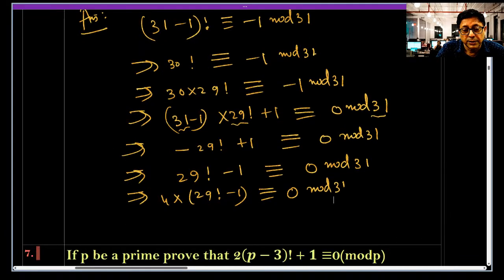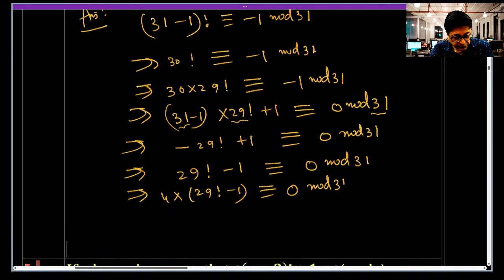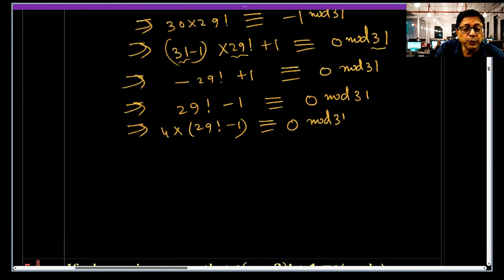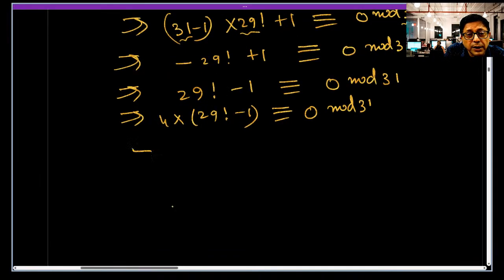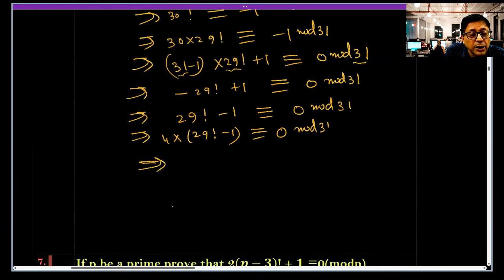Isn't it? So what does it prove? It proves that 4 into 29 factorial minus 4 congruent with 0 mod 31.